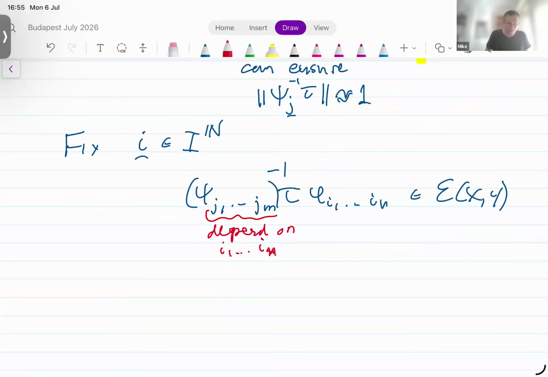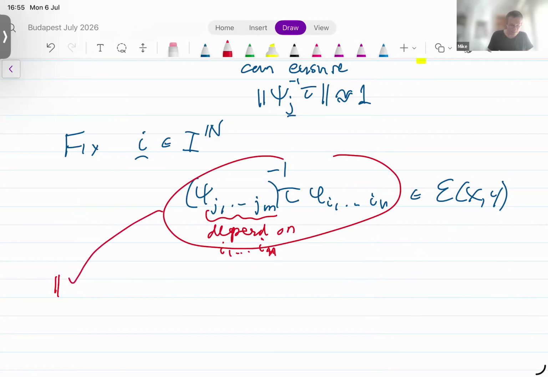Okay, so now what is the contraction ratio of this thing? We can just write it down. It's going to be beta of J1 times up to beta of Jm, all with inverses. These are the contraction ratios of the psi's. Then we have the contraction ratio of tau.